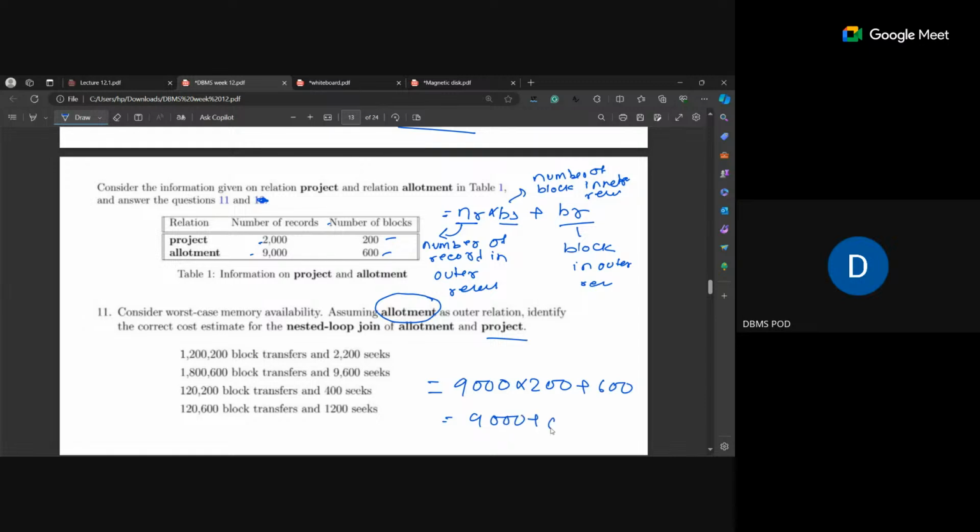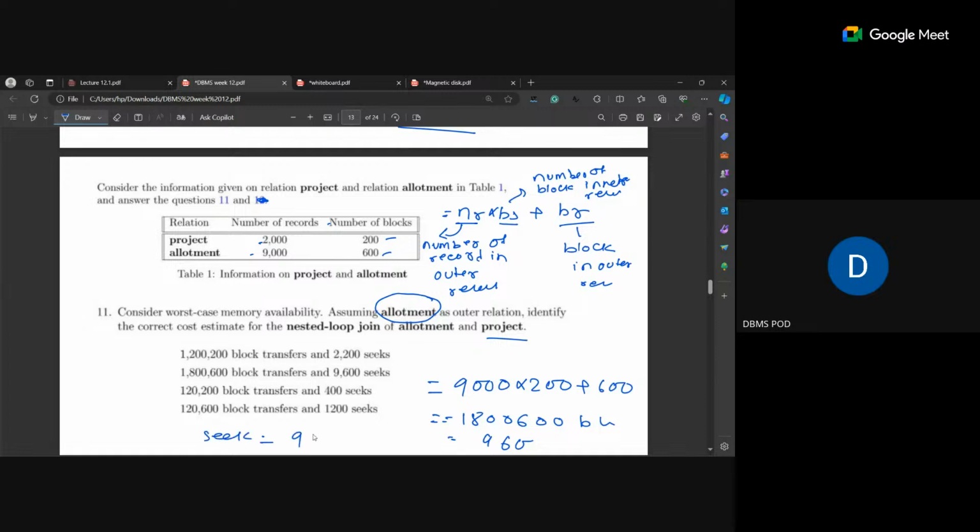So 9000 into 200 is 1,800,000, plus 600. It will be 1,800,600 block transfers.